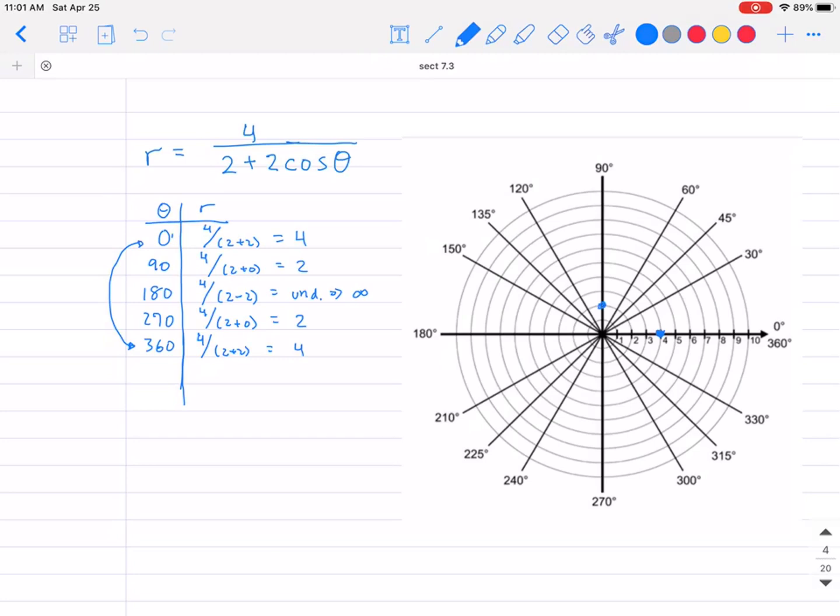When theta is equal to 0, r is equal to 4, so we're going to find that point out here. At 90, r is equal to 2, so that's going to be this point over here. At 180, r is going to be infinity, so that means the radius is going to be a really, really large number. Now, how do you actually connect that? First, I'm going to take the first point and connect it to the second point with a slight curve. And remember, as theta goes to 180 degrees, you're going to go towards infinity, going this way.